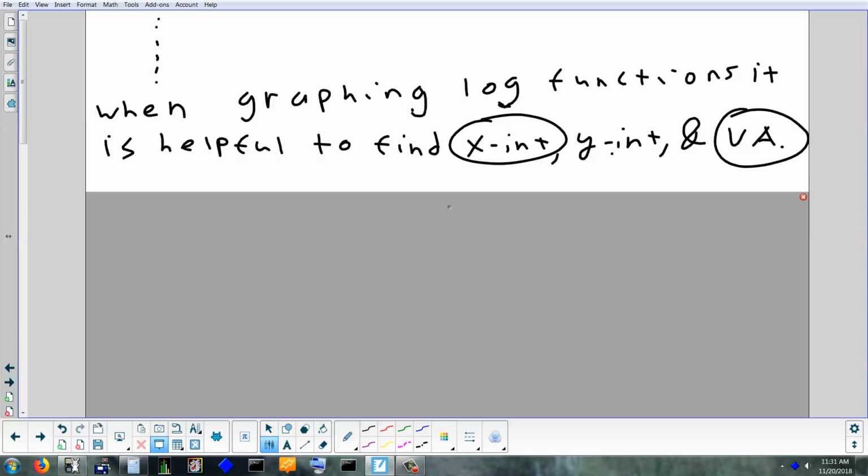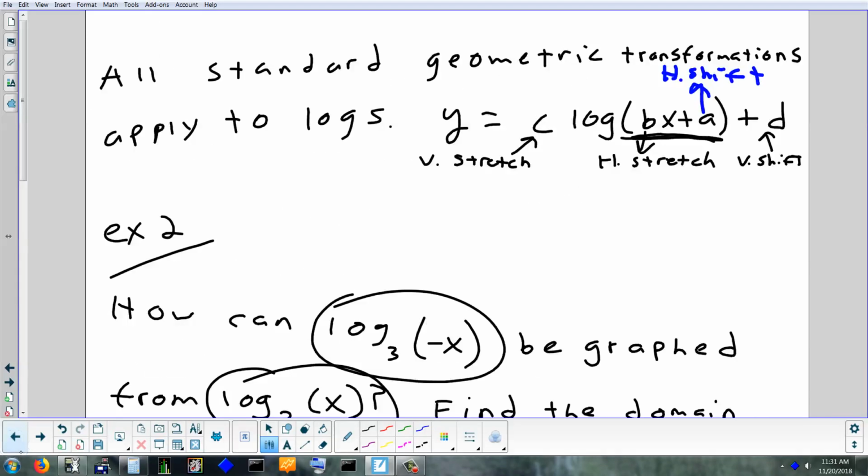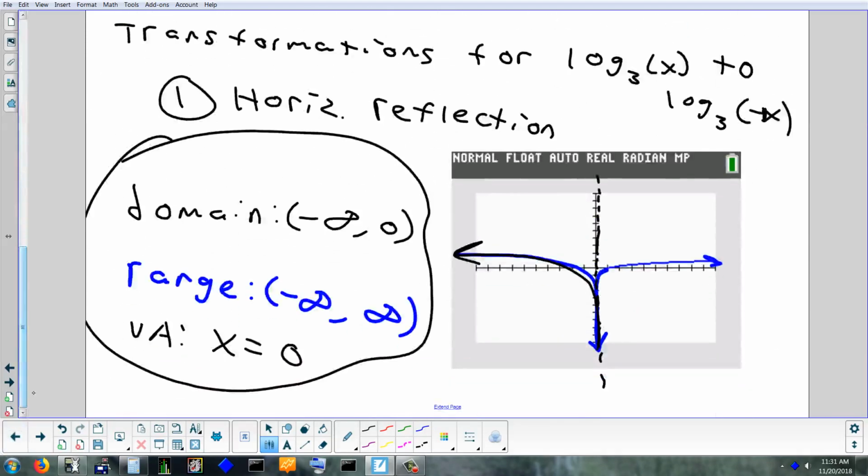But this one may not exist. Your graph might not cross the y-axis, like in this problem, right here. If you look at that graph in blue, it gets very, very close, but it never crosses the y-axis. So you don't always have a y-intercept, but you do always have an x-intercept.